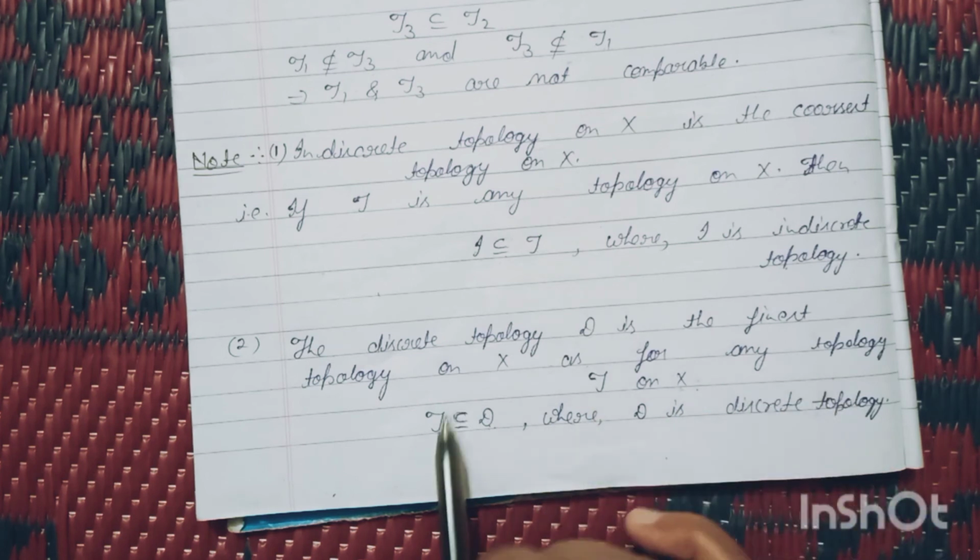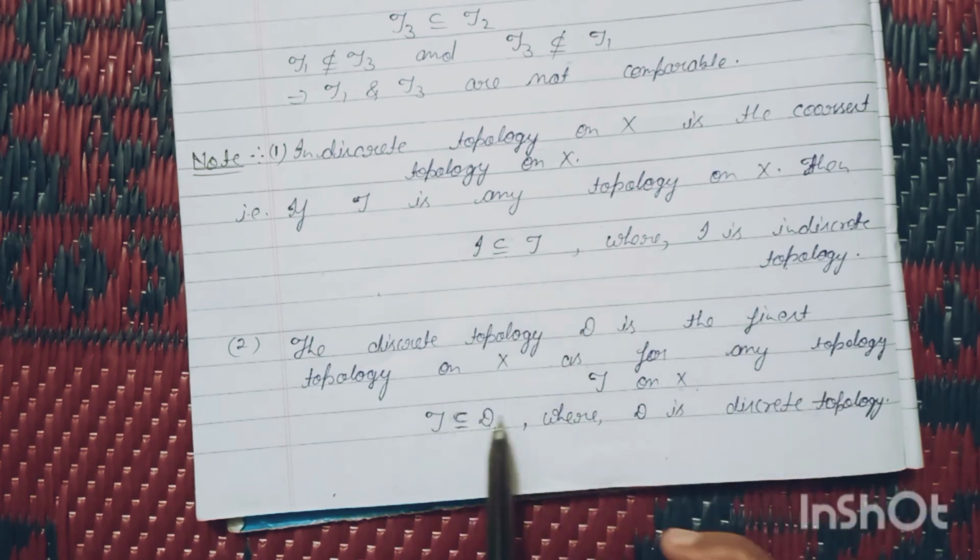So I and T are always comparable, and T and D are always comparable.